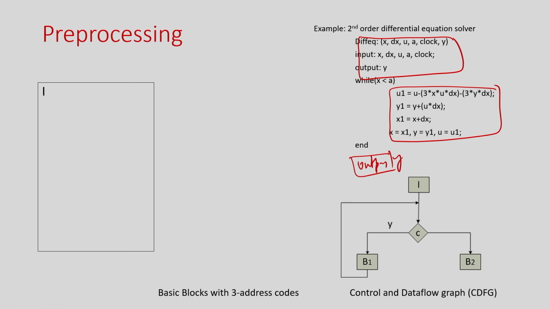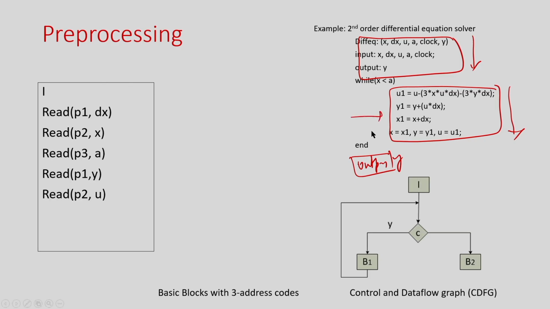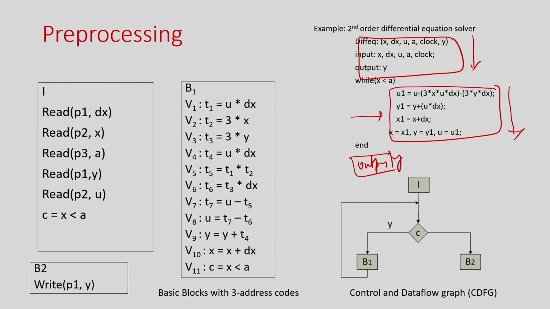Now what we should understand is the data flow within each basic block. Since here there is only an input operation, there are no dependencies as such, so we will not talk about that much, but within this basic block there is some dependency. We will take each basic block at a time and identify the data dependency or data flow within it.